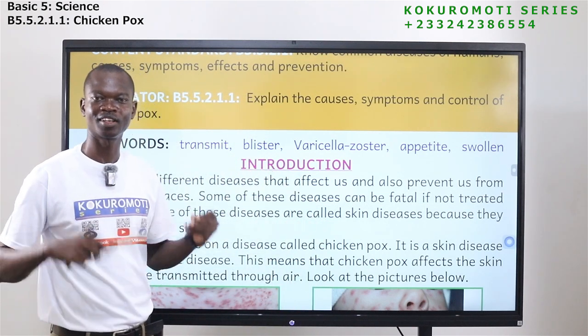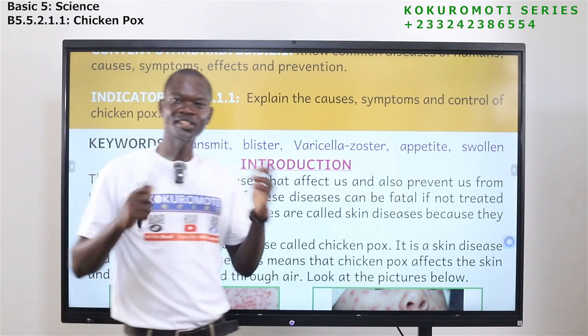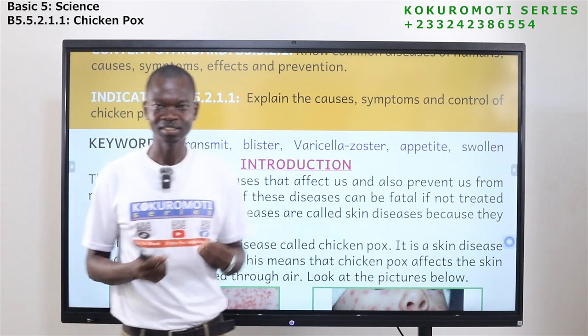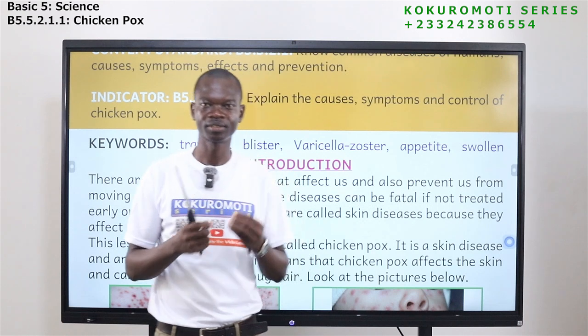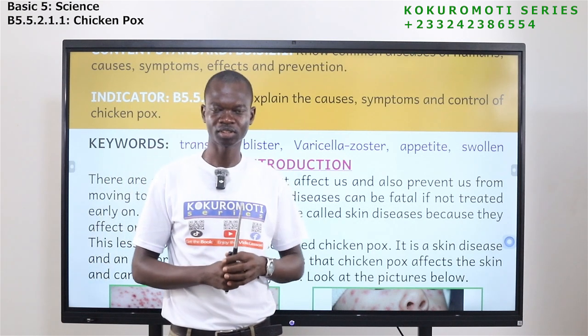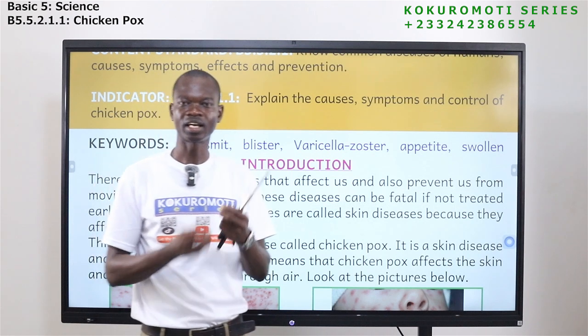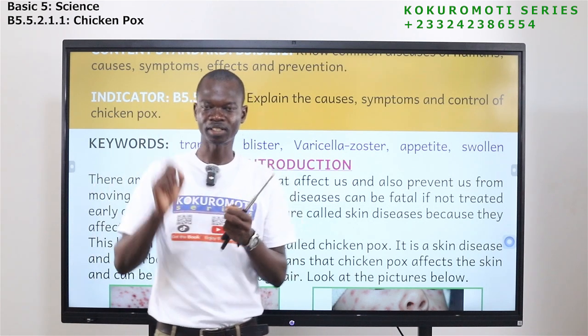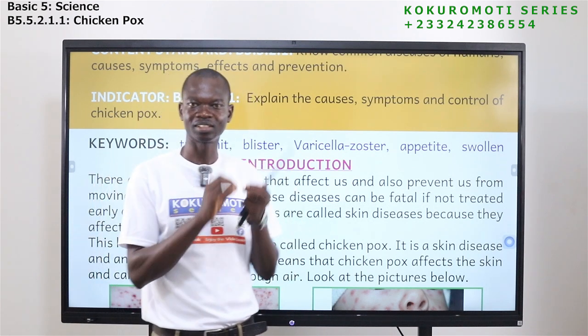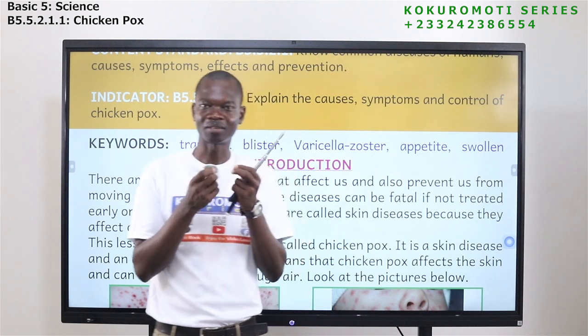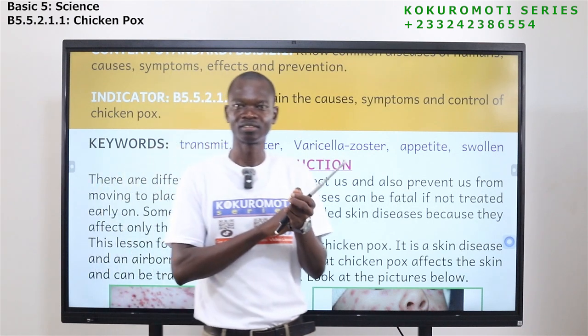The next word is blister. A blister is one of the signs, one of the symptoms of chicken pox. On your skin, you see small bubbles, and they will be filled with a liquid, something like blood, some liquid thing.